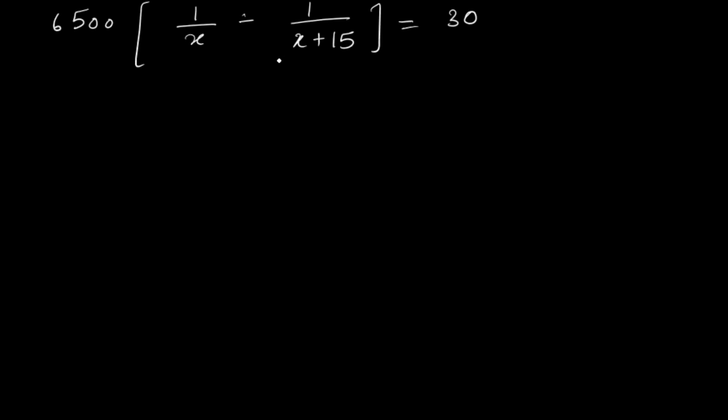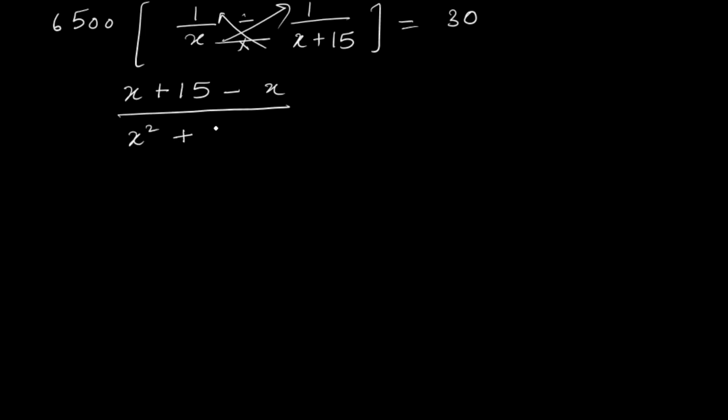So let's shift 6,500 to the other side, and here let's take the LCM. So 1 into x plus 15 is x plus 15, minus 1 into x is x. On the lower side we can just multiply both the denominators. So x into x is x square, plus 15 into x is 15x, equal to 30 divided by 6,500.